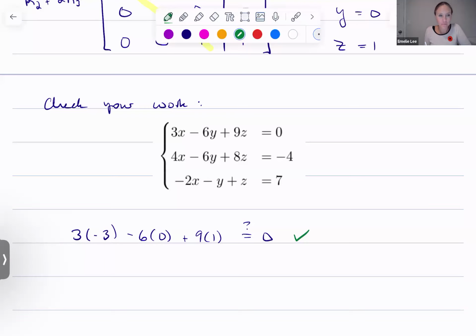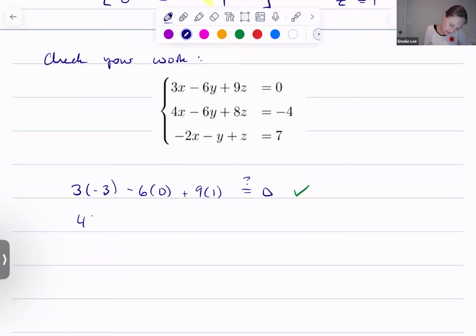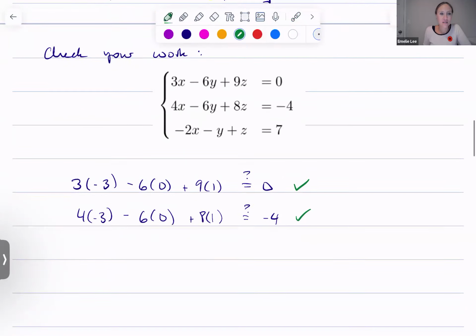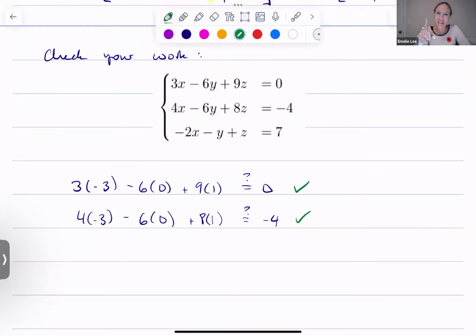That's good. How about the next equation? 4 times -3 minus 6 times 0 plus 8 times 1, does it equal -4? -12 plus 8 does equal -4. Feels good. Just one left.